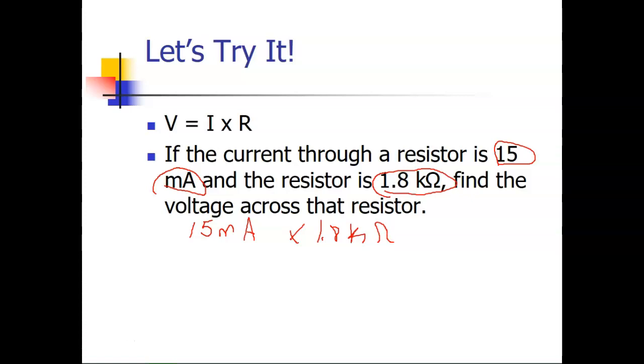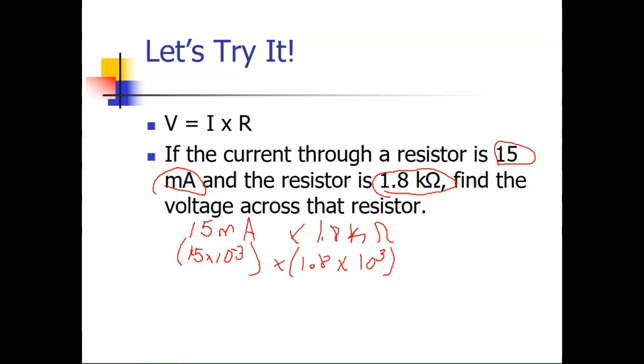Now let's go back to when in doubt, write it out. So this is actually 15 times 10 to the negative 3 multiplied by 1.8 times 10 to the third.